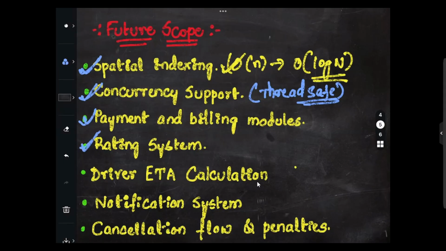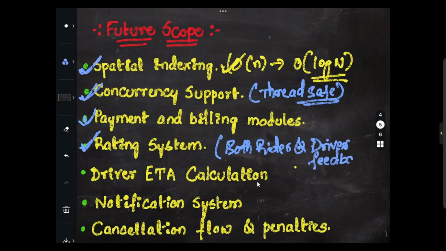Let's go with the fourth one, the rating system. We have to provide a rating system for both driver and rider feedback. This is fine. Next, let's move on with the driver ETA calculation.